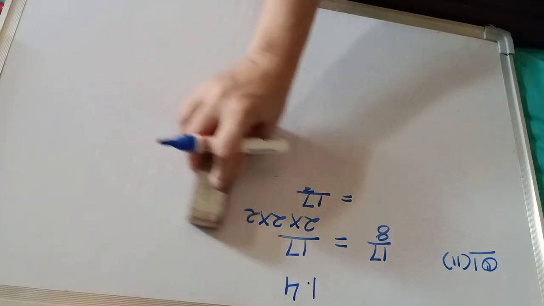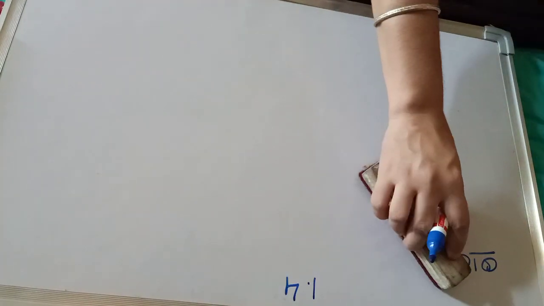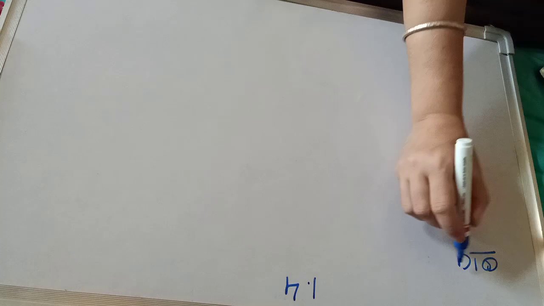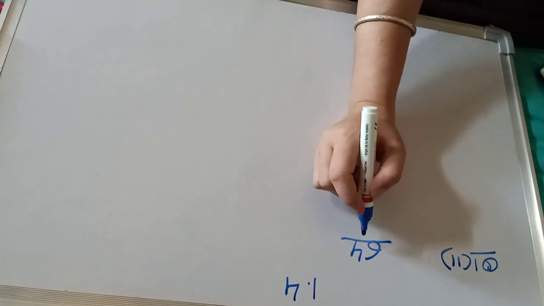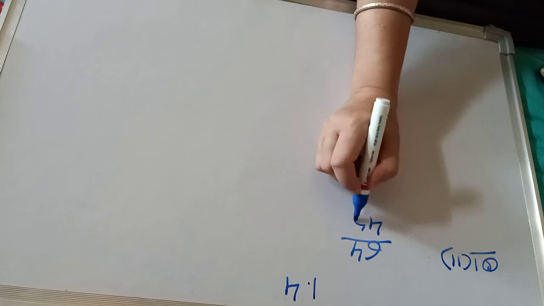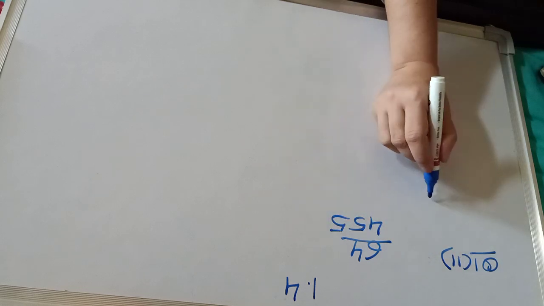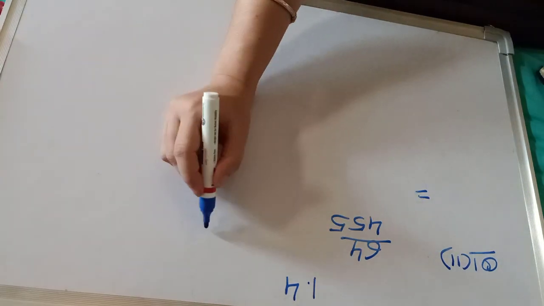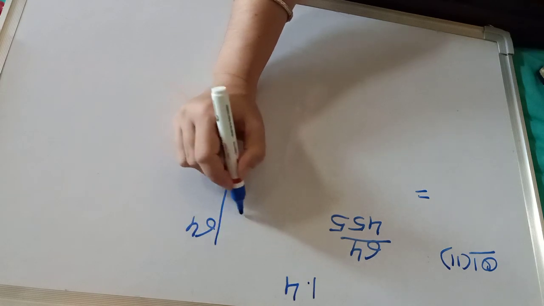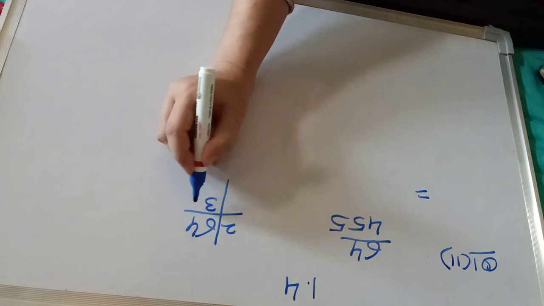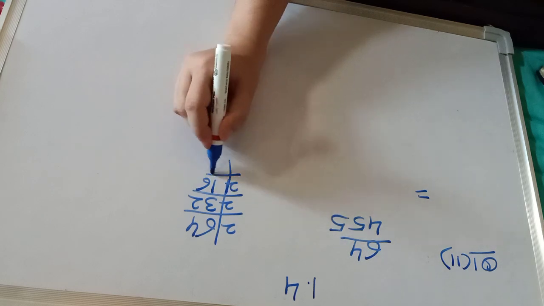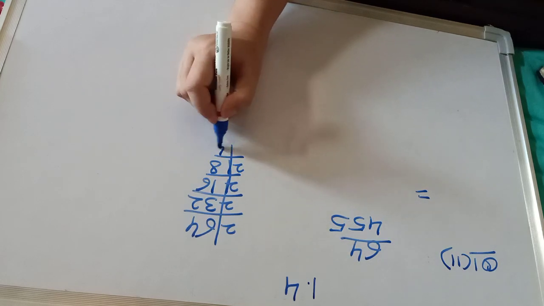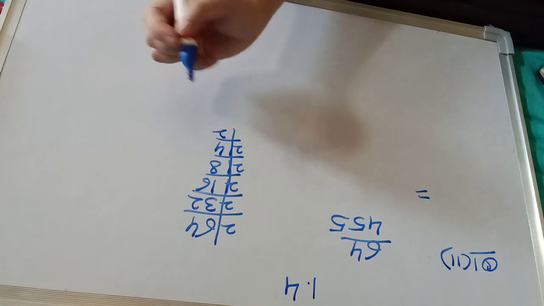Next part is 64 upon 455. First of all, you need to factorize them and check that they shouldn't have any common factor. So 64: 2 32s are, then 2 16s are, 2 8s are, 2 4s are, 2 2s are.